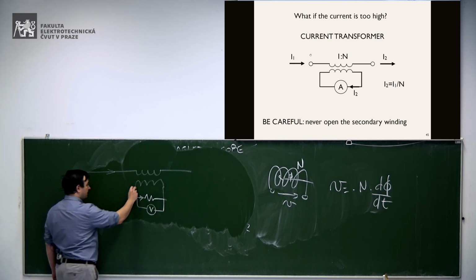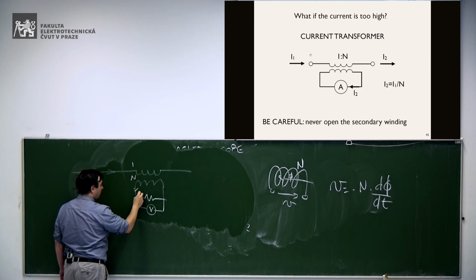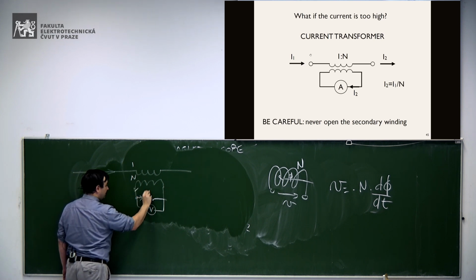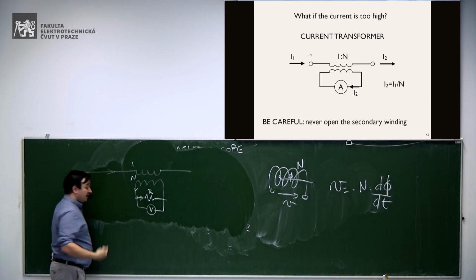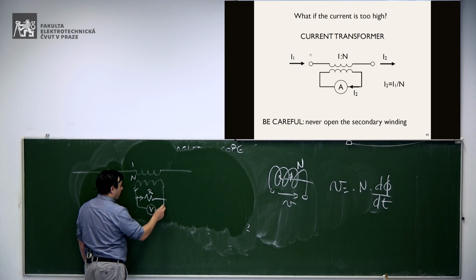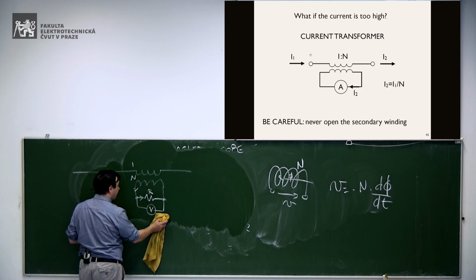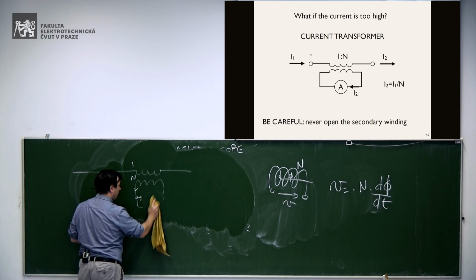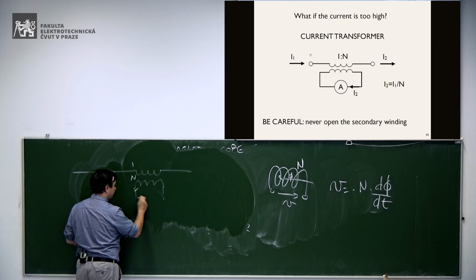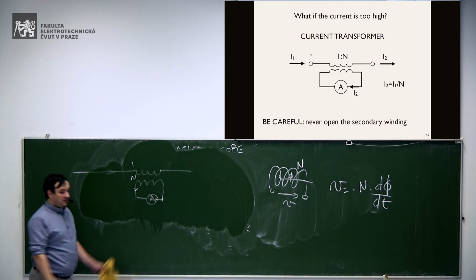So the current here divided by n times will flow mainly in the resistor, because the voltmeter has very large input impedance, if you remember. And therefore, we measure the voltage on the resistor, okay? This is one example. Generally speaking, I have here an ammeter. And you remember what we said about the ammeter?